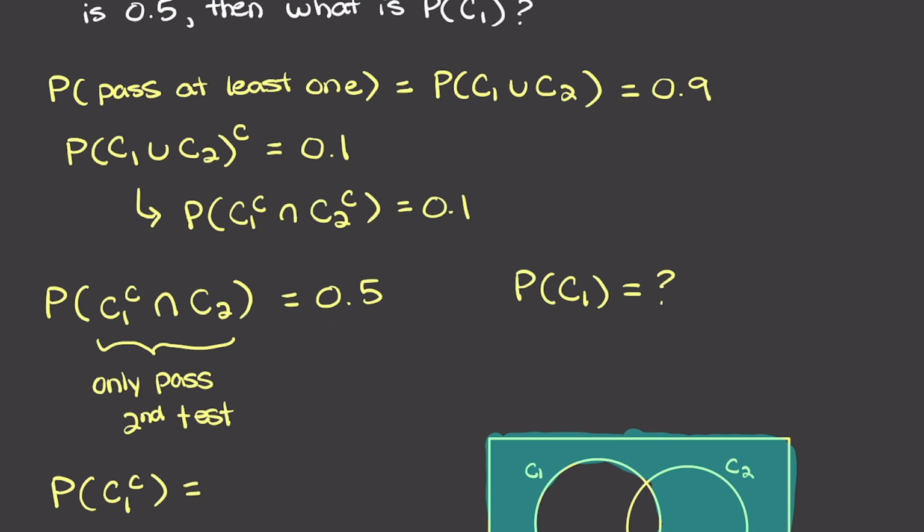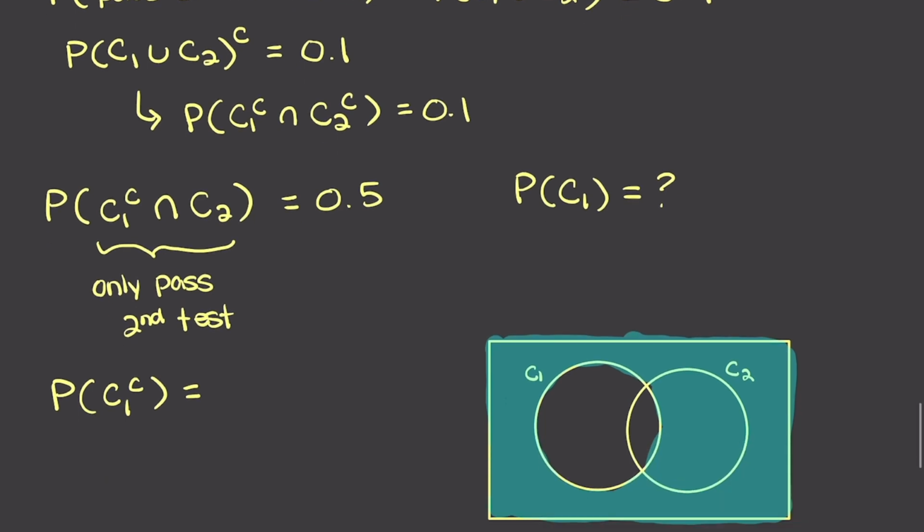Well, what's that? How can we show that on a Venn diagram? The intersection between C2 and not C1. Well, C2 and not C1, that's simply this portion here. We can see that because this is C2, and everything that's not C1 is what we had originally in that blue.